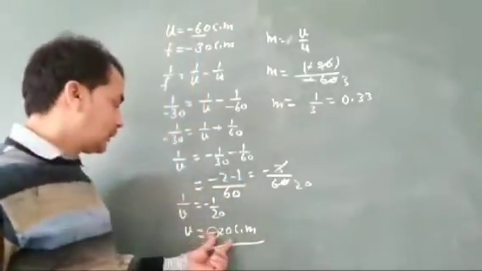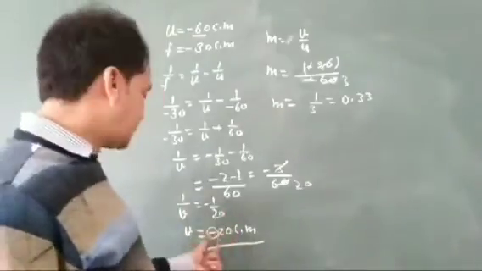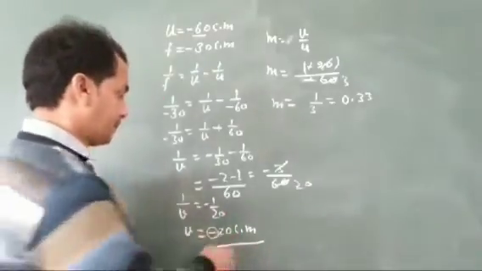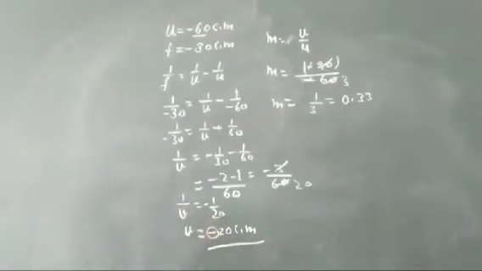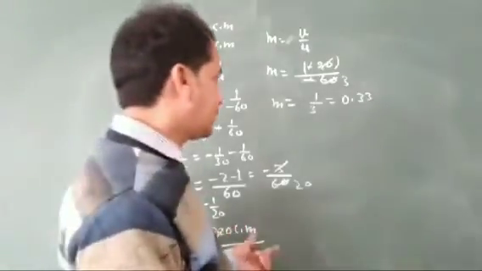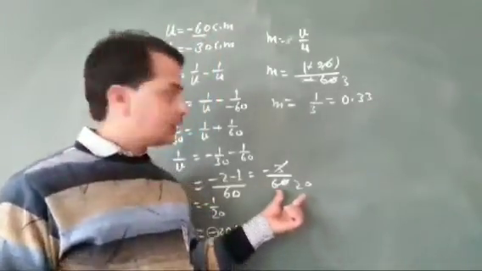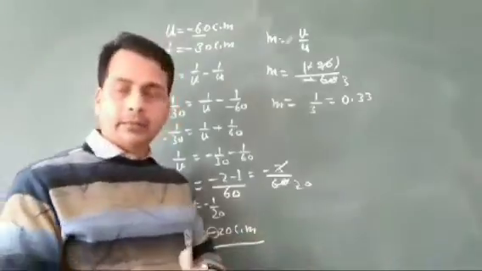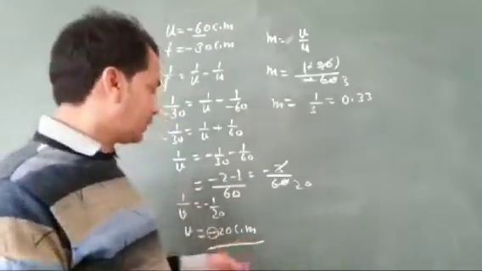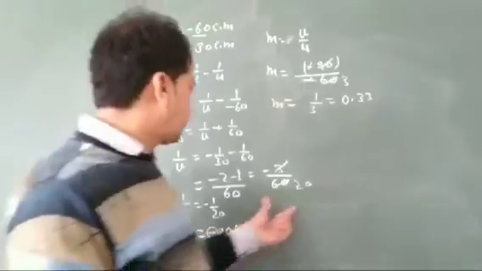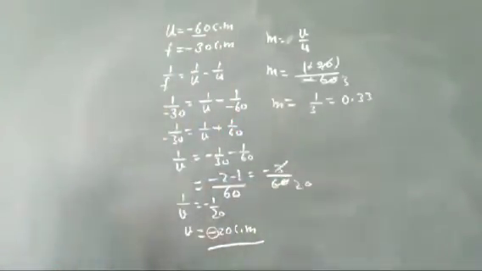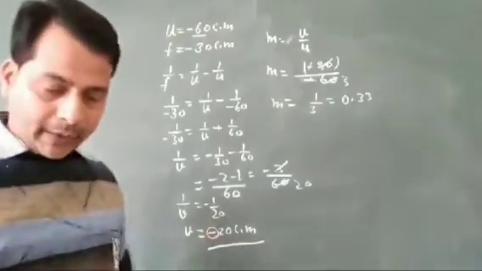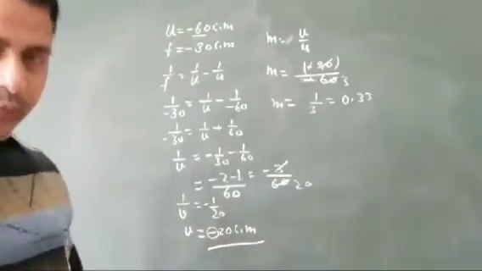So the nature of this image is virtual, and the magnification is 0.33, that is, virtual, erect, and smaller in size than the object.